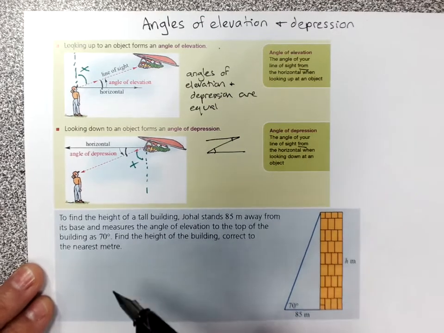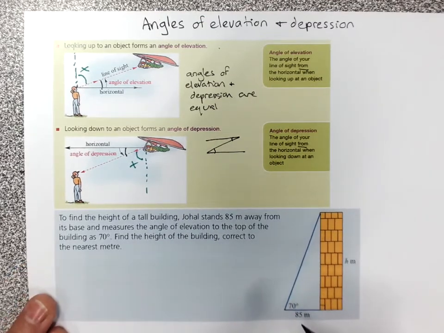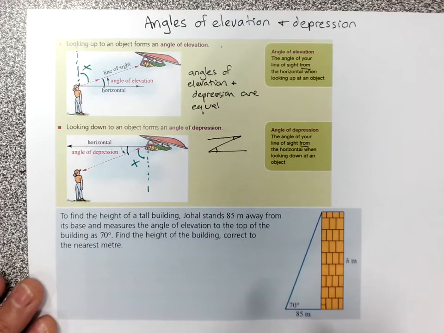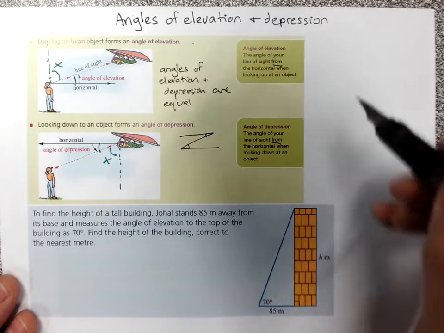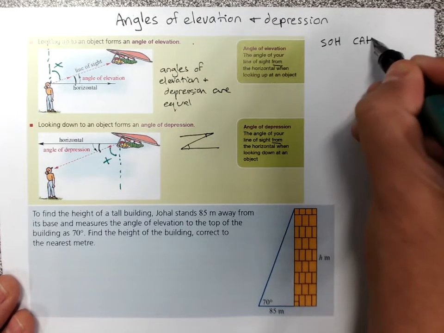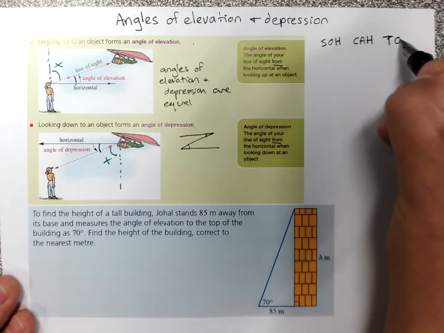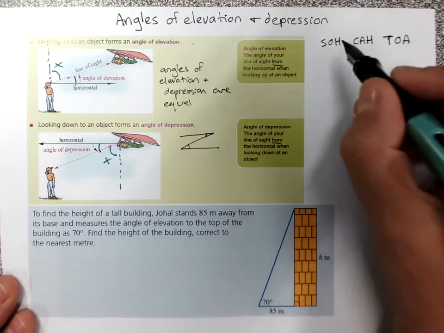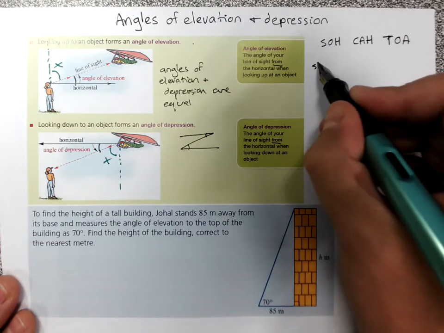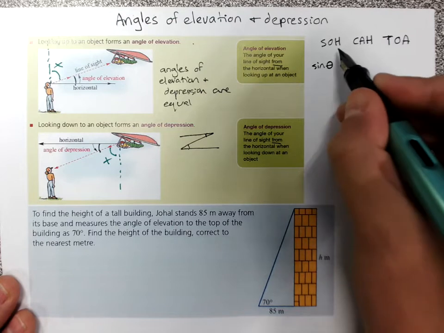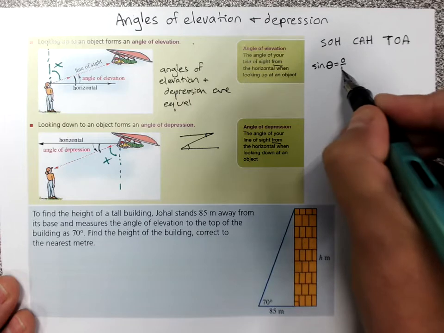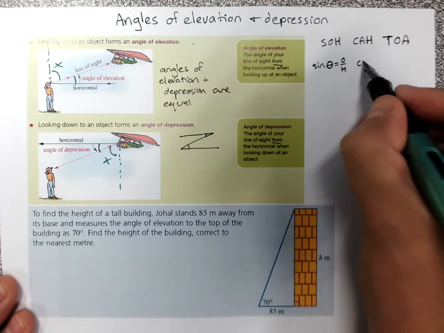Now, we'll often get trig questions with angles of elevation and depression. The steps to follow are the same. We still need SOHCAHTOA, and if we remember SOHCAHTOA, that lets us remember the three trig ratios. S for sine. Remember there's always theta, and sine theta is O over H. C for cos.